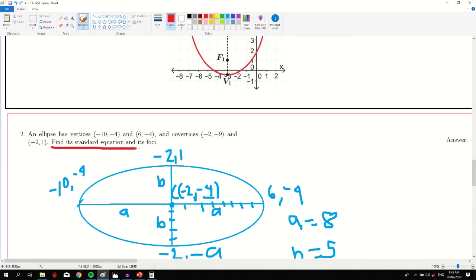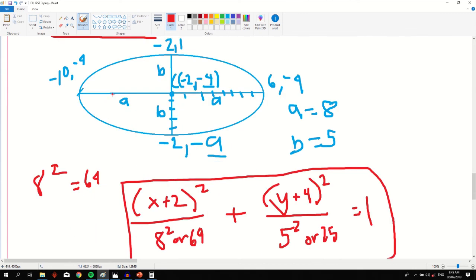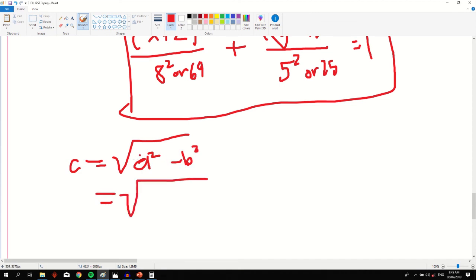So find its standard equation and its foci. Oh, we forgot the foci. So we need to get the foci here. To get the foci, we need the square root of a squared minus b squared. So what is a squared? 69 minus 25.